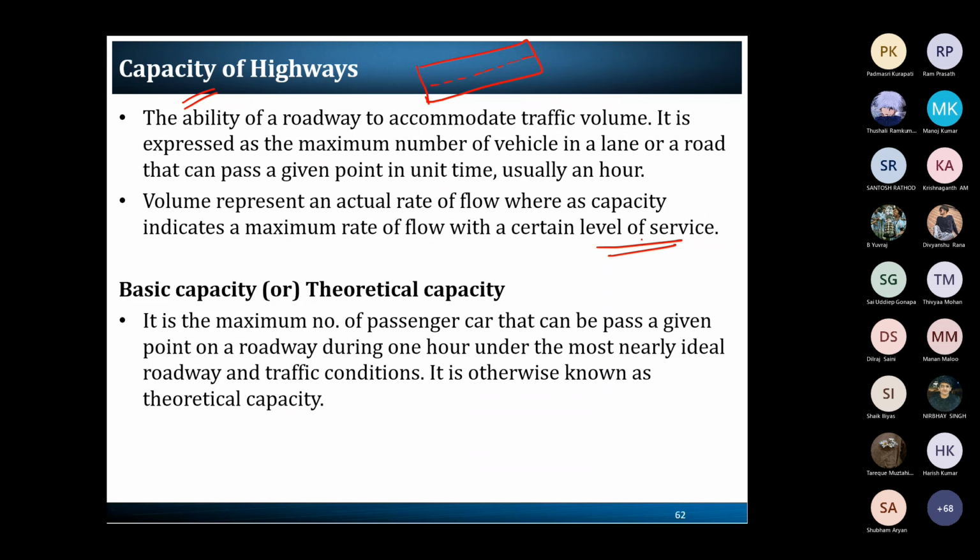The capacity we have defined with respect to three concepts. One is the basic or theoretical capacity.